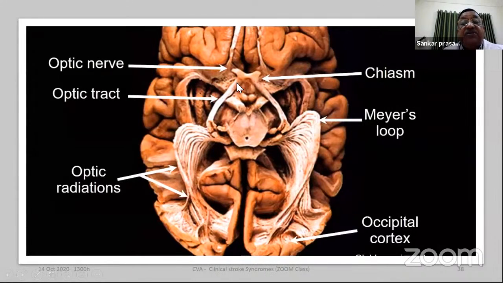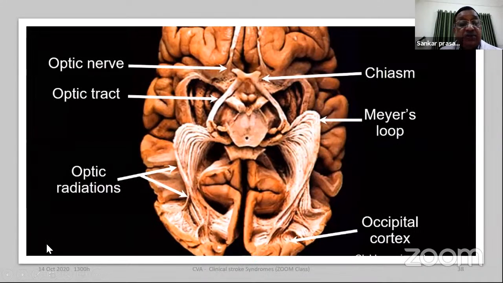So that brings us to the most important aspect, which in stroke assessment we always neglect, that is vision. You know, optic nerve, optic chiasm, the optic tract, the optic radiation that goes inferior and ascends through the temporal lobe is Meyer's loop, and it reaches the occipital cortex.